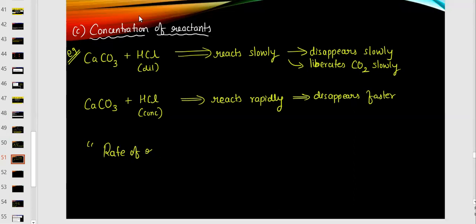So with this point, we can say that rate of reaction is directly proportional. This symbol means directly proportional. We have used this symbol in physics also. The symbol says rate of reaction is directly proportional to concentration of reactant.